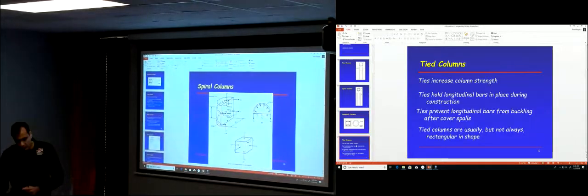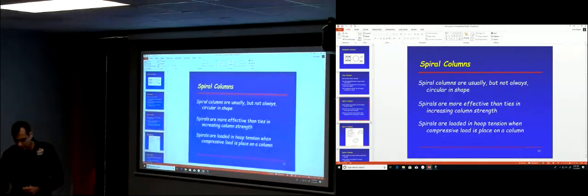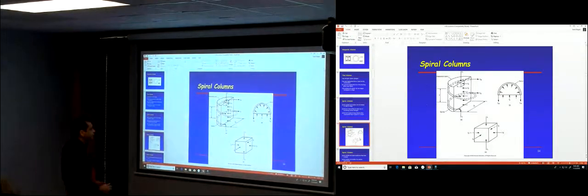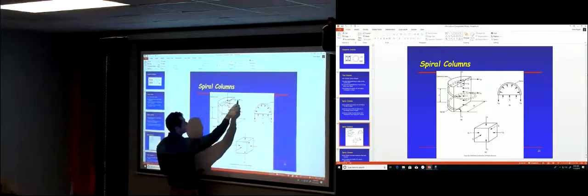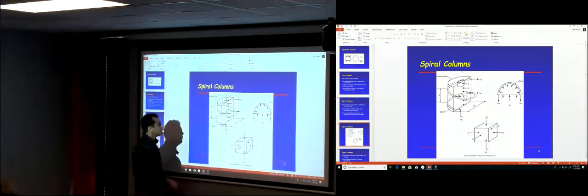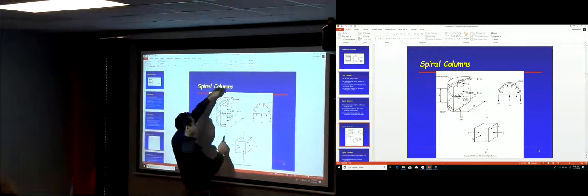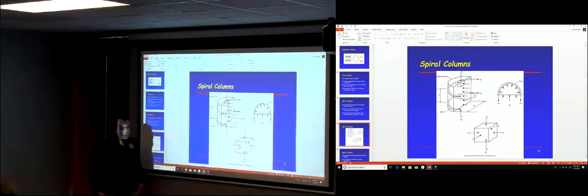So this is what we have here for spiral. This is the spiral stirrups. You have an axial stress on the column, F1.